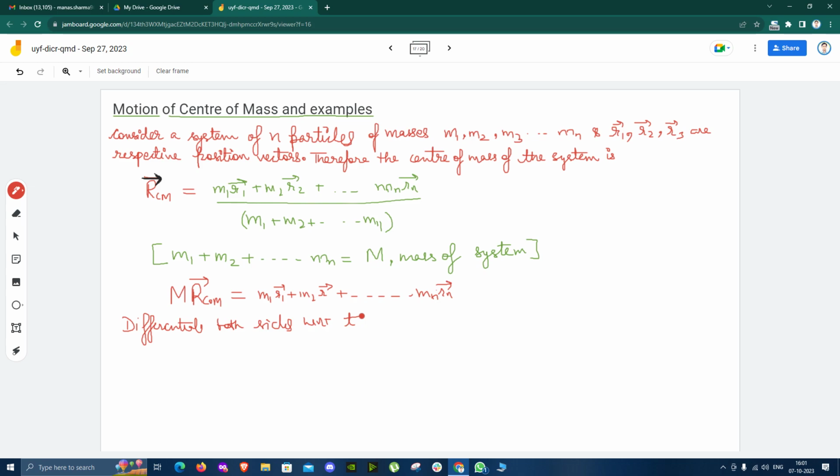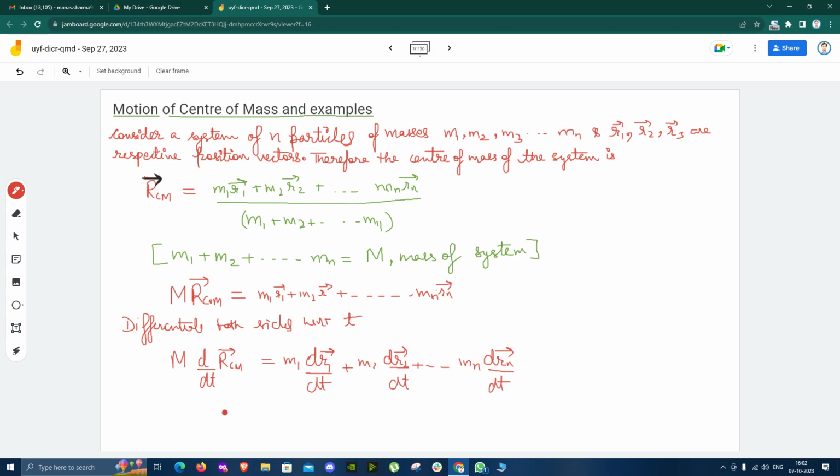So we can write, mass is constant, so M will be out and it will be d over dt RCM is equal to, same here, M1 will be out of the box and M1 dR1 by dt plus M2 dR2 by dt so on Mn dRn by dt.